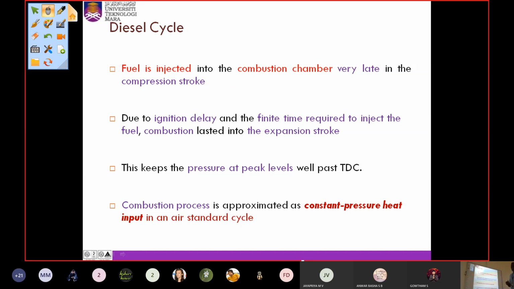So the pressure at peak levels will give you the constant pressure process here, right? Then the combustion process is approximated as a constant pressure heat input in an air standard cycle.